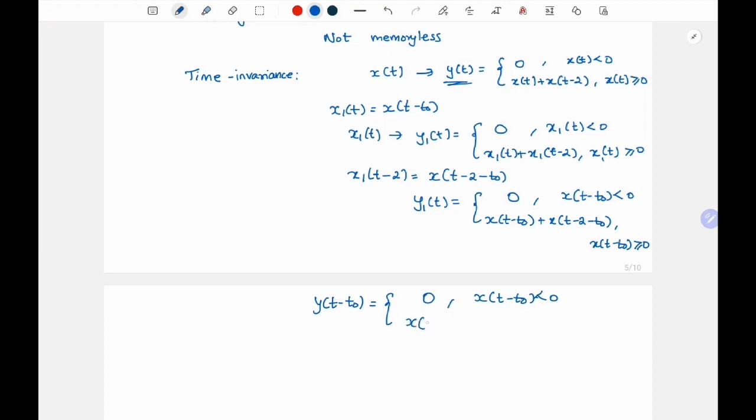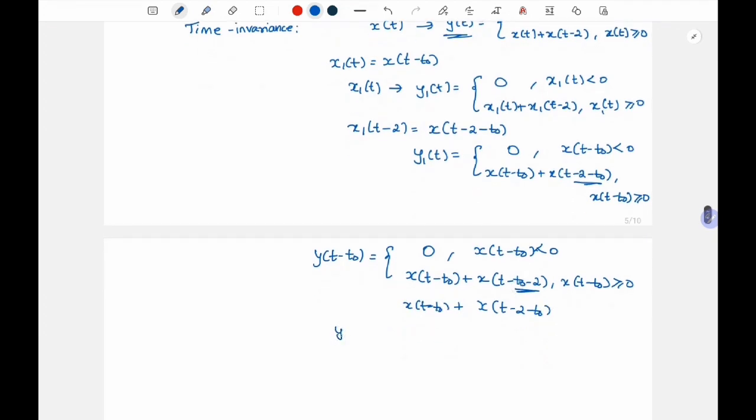And x of t will become x of t minus t naught, plus t minus 2 will become t minus t naught minus 2, and x of t minus t naught greater than or equal to 0. So only difference you can see is here minus 2 minus t naught, here minus t naught minus 2, but both are equivalent, correct? These both are equivalent. So both are same. So y1 of t is equal to y of t minus t naught.